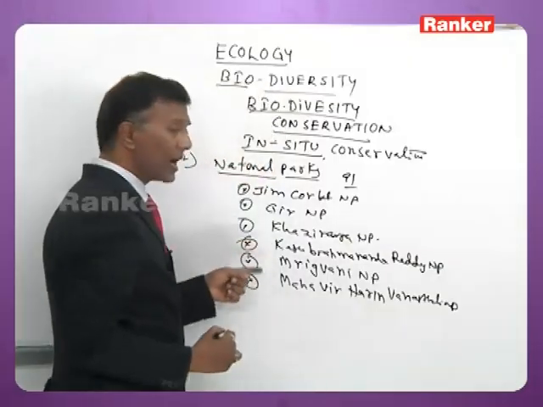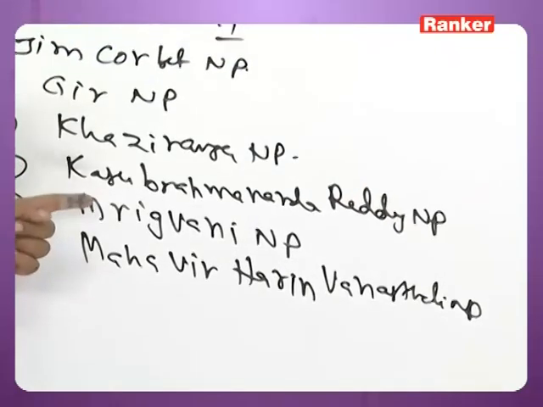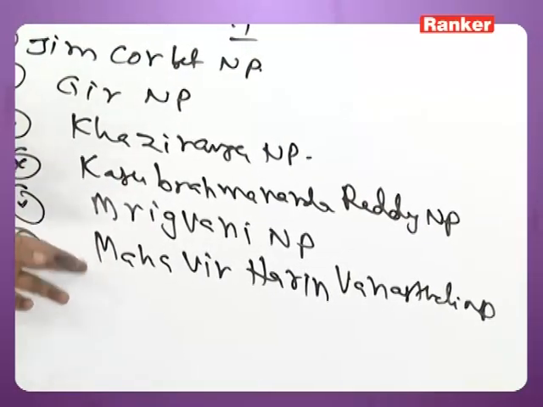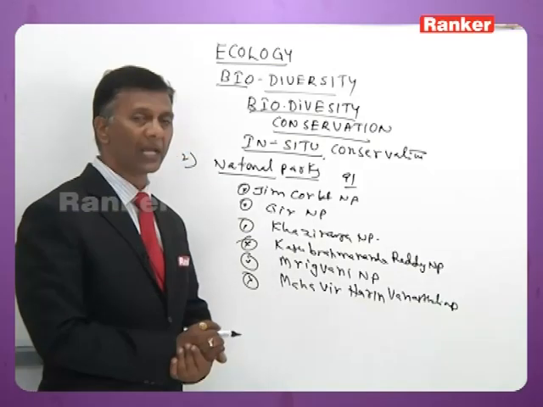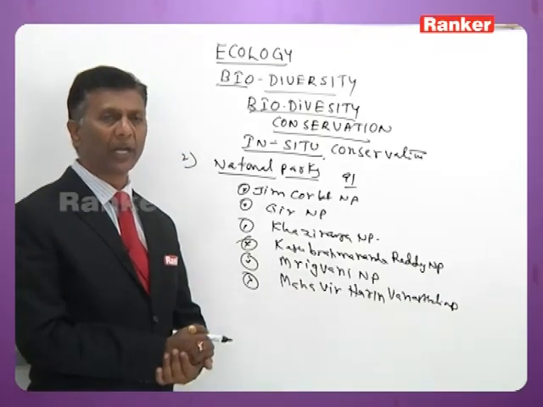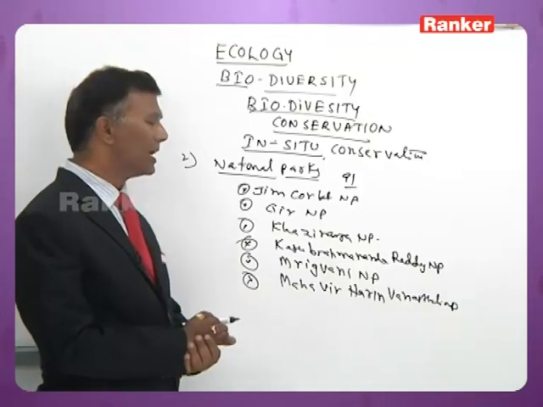Kasu Brahmananda Reddy National Park, KBR National Park it is also called, Mrugavani National Park and Mahavir Harina Vanasthali National Park. All three of them are situated in Hyderabad. They are also identified as national parks.